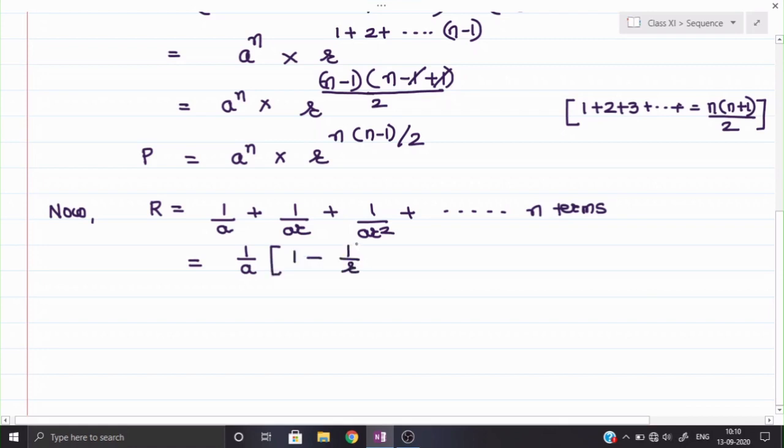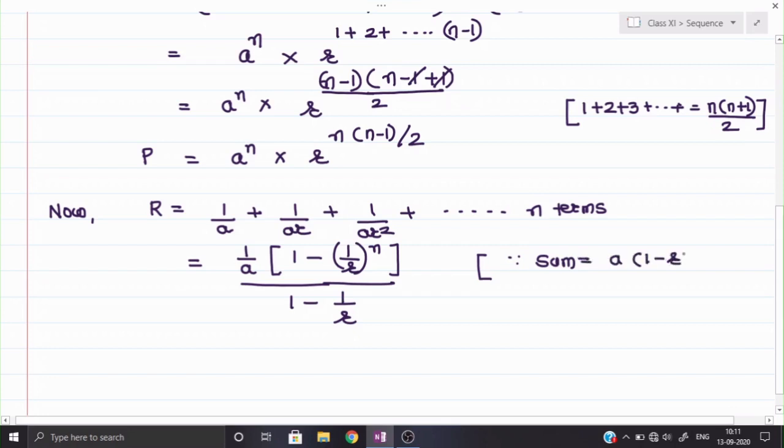So this will be 1 minus R whole power n, and divided by 1 minus R. That will be 1 minus 1 upon R. Here I am applying the formula: sum is equal to A into the bracket 1 minus R to the power n upon 1 minus R. Okay, and we can say that if R is more than 1, then definitely 1 upon R will be lesser than 1. That condition I am applying over here.